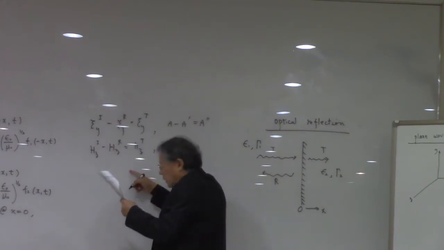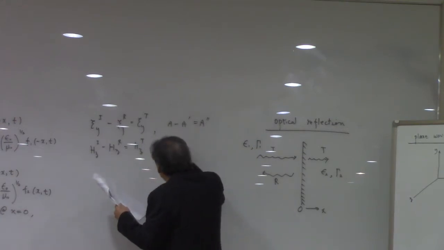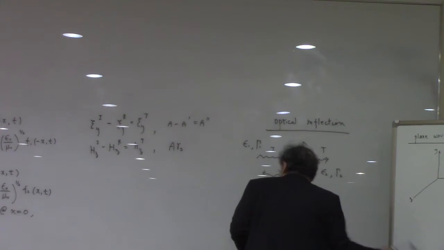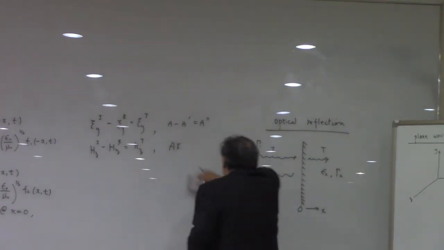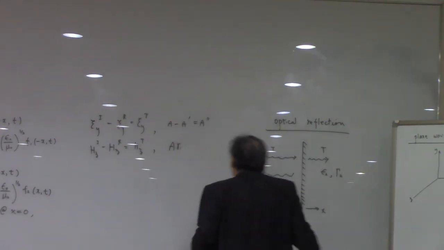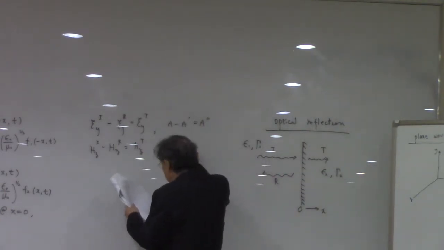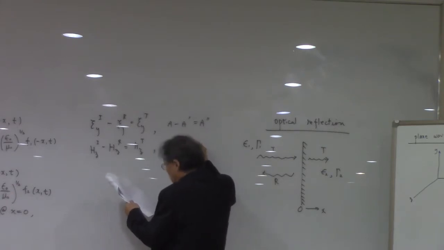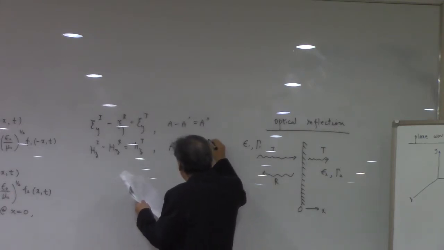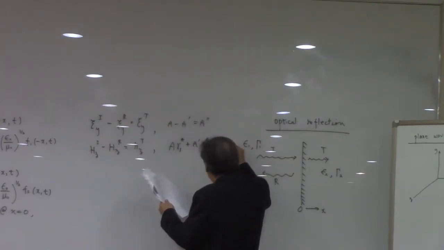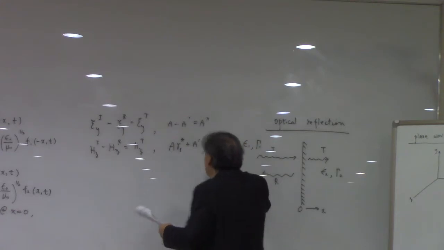So from this conservation, you can have an equation like AR1 star plus A prime R1 star should be equal to A double prime R2 star. Okay?